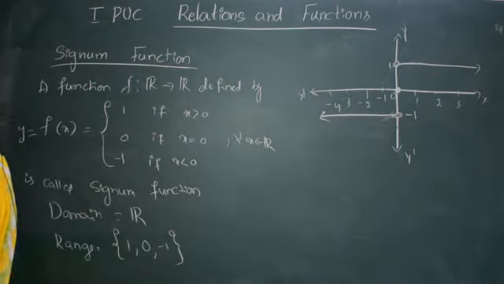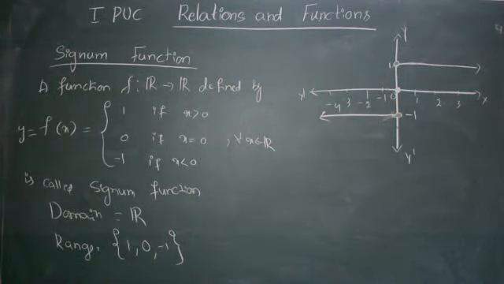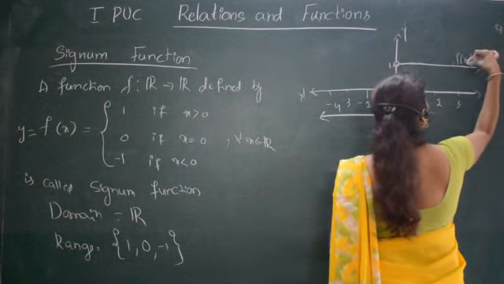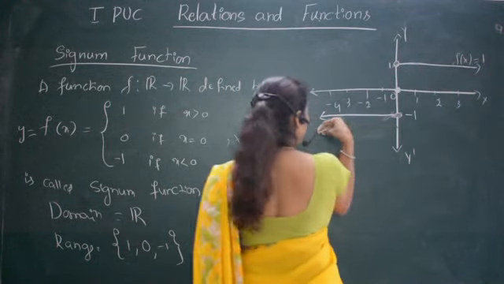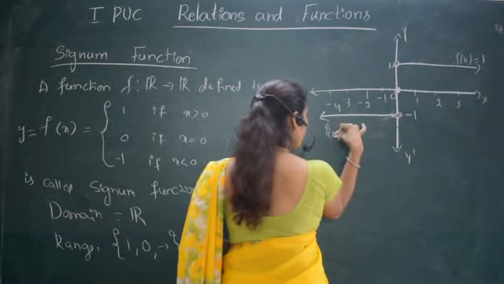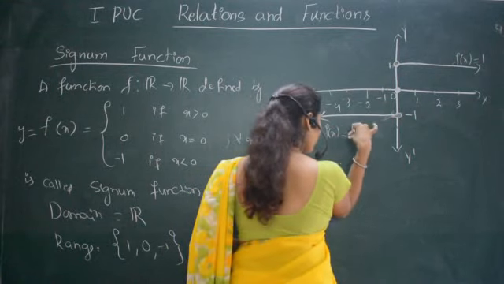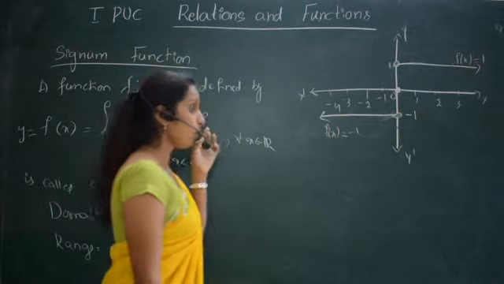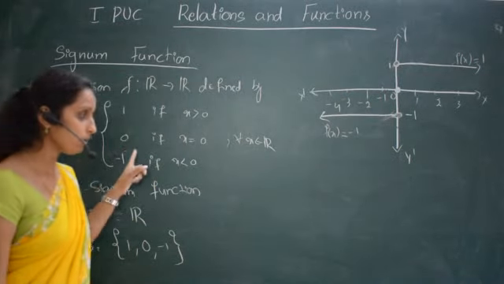So this is the graph of the signum function. This is a very, very important one. Signum function. Here f of x is equal to 1, and here f of x is equal to minus 1. And here you have to darken. Remember, when x is equal to 0, y is 0, that means 0 comma 0.